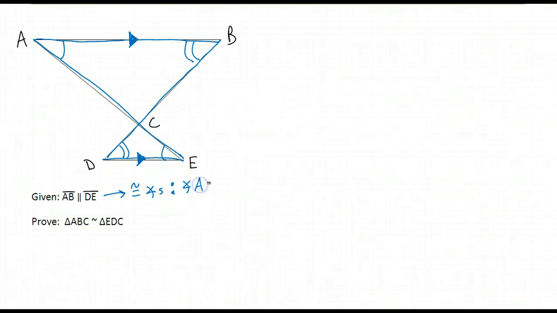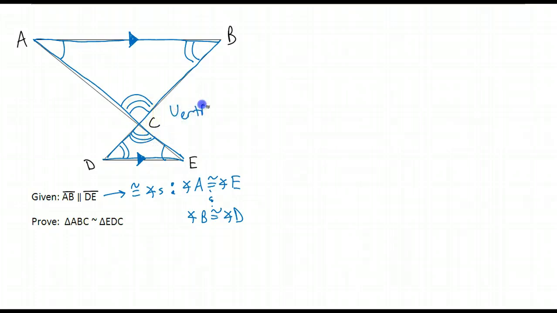Angle A is going to be congruent to angle E, and angle B is going to be congruent to angle D. And if we look at this picture, the way the triangles are drawn, this angle will be congruent to this angle because they're vertical angles.